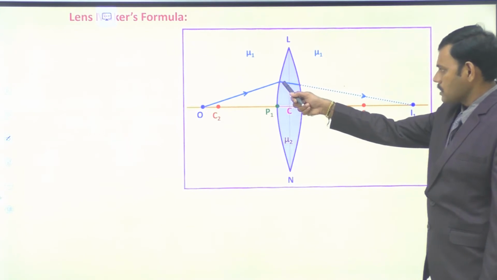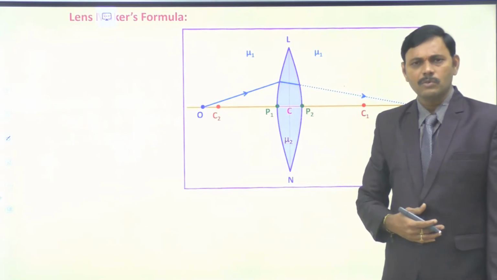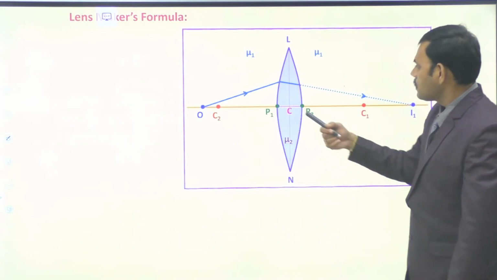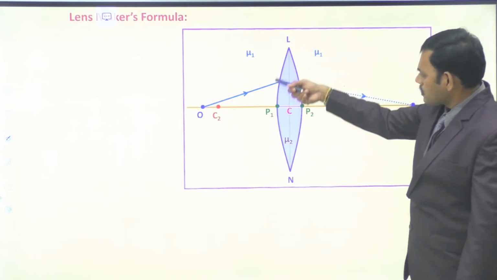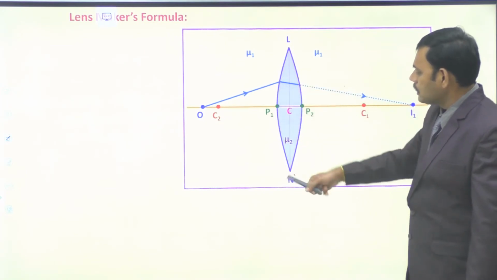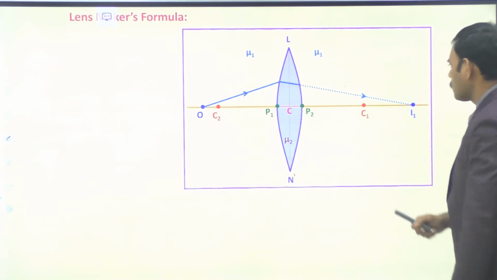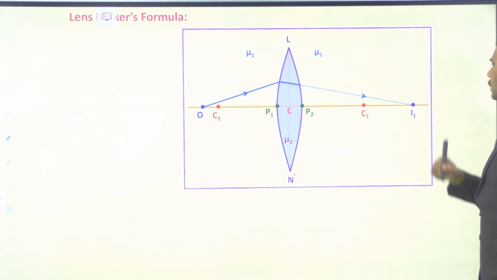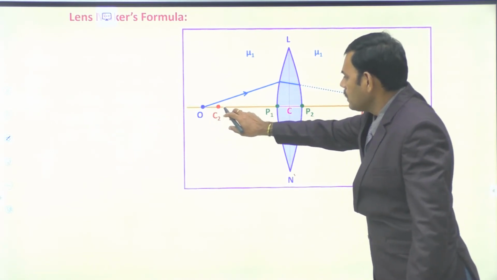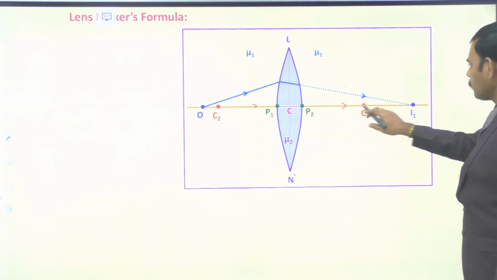After refraction through the first curved surface, we have to observe the refraction through the first and second surface separately to get this equation. Let us consider the refraction happening through the first curved surface, let it be LP1N. After refraction through the first curved surface, it forms the image at I1, because the second light ray from O is considered along the principal axis and it moves without any deviation.